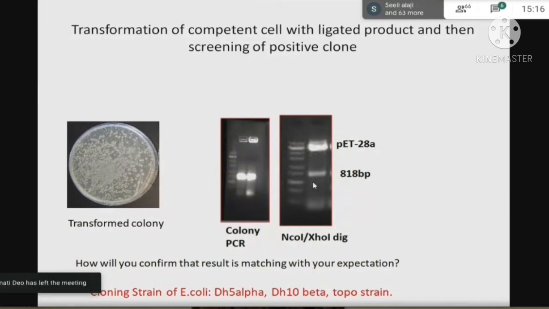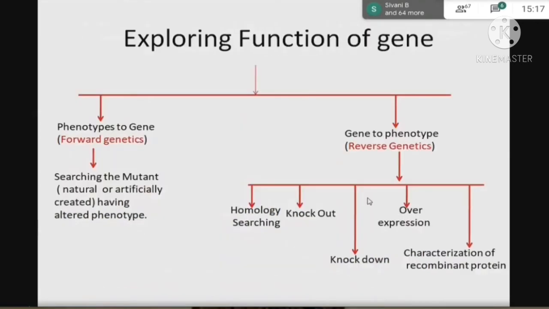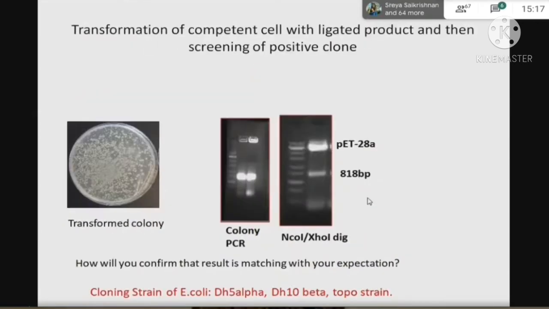If we are getting this fallout, that means, suppose colony number 1, we have isolated the plasmid from colony number 1, that means colony number 1 has our positive clone. In this way, we can confirm. Fine.